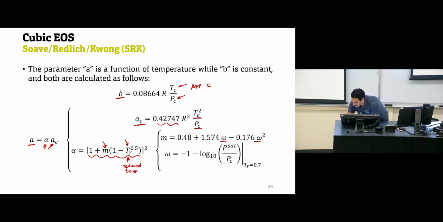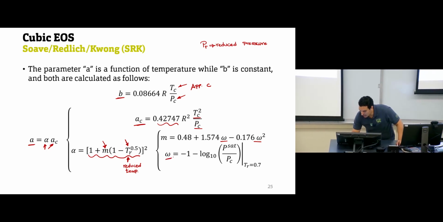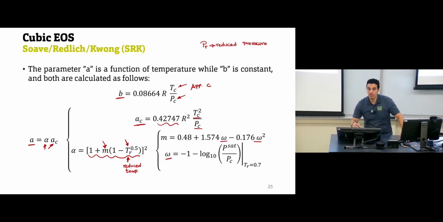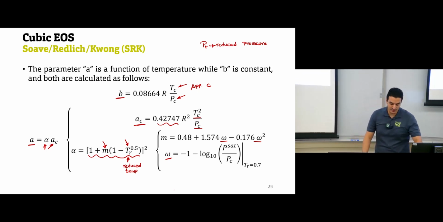If we have PR, this is called the reduced pressure. By the way, omega can be found in appendix C, or if you don't have information for omega, there's an equation that we can use to calculate it.